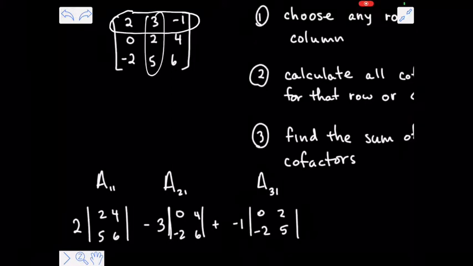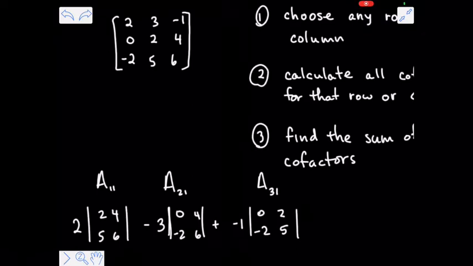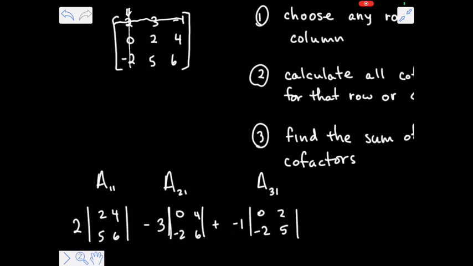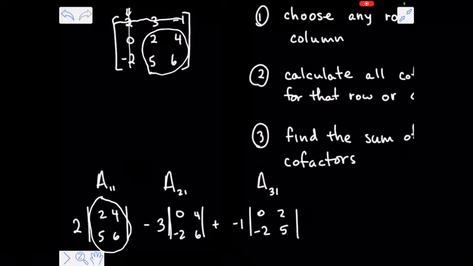So what happens now is we calculate a cofactor. So starting at the beginning of the row, right here, I cross out the row and the column. That left me with this, which you can see I've written here. And then the minor is the determinant of that.